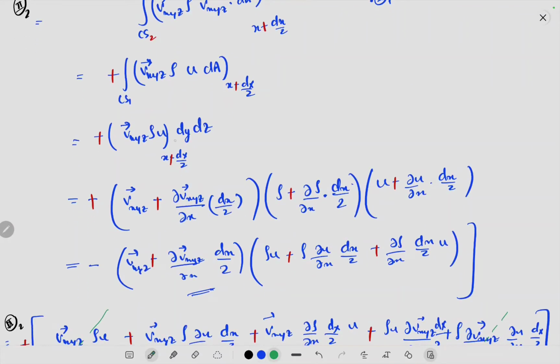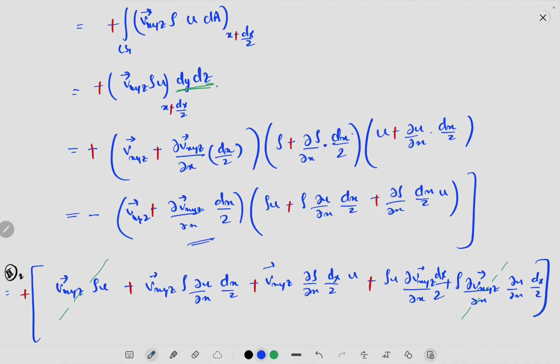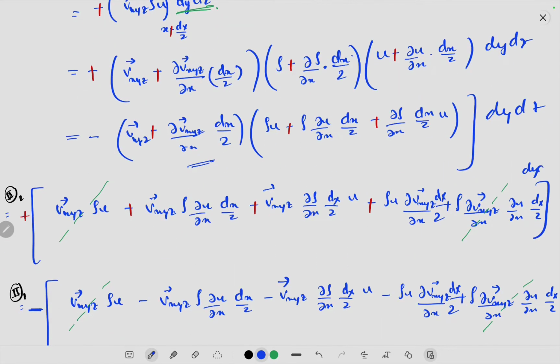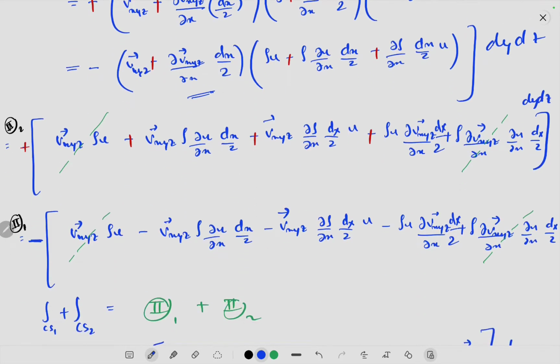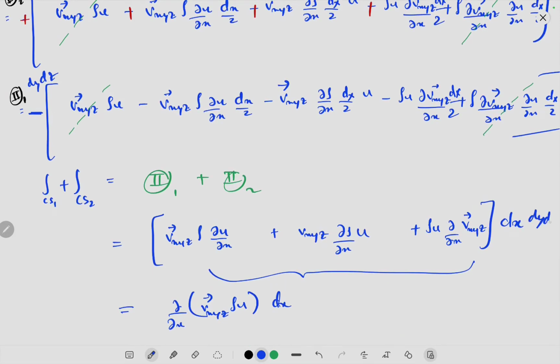I forgot to take dy dz outside, so let's quickly write them out. There will be dy dz here, and dy dz multiplied here, so we get dy dz outside.